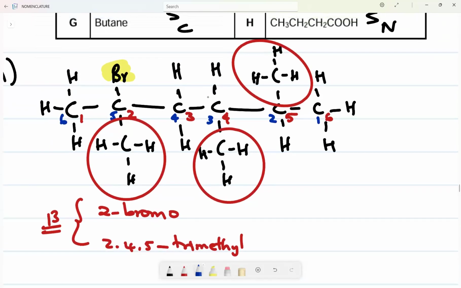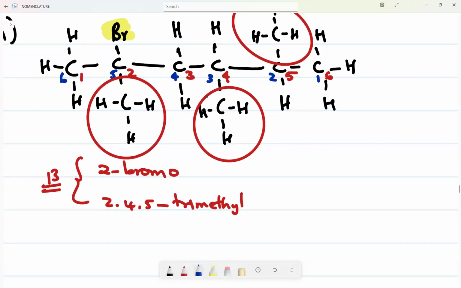Let's see when we use blue. When I start here, I have number 2, number 3, number 5. 2,3,5, I have methyl. 2,3,5, I have trimethyl. Do you agree with me? I have methyls in 3 positions when I use blue. Then on carbon number 5, I have bromo.